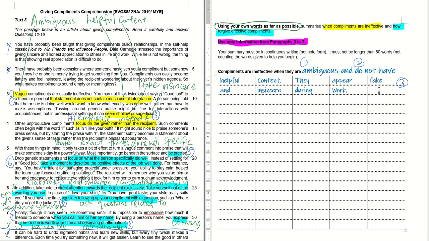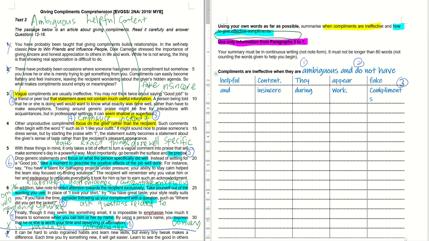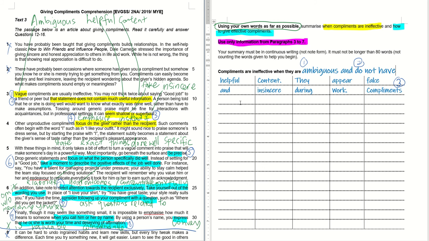Compliments are ineffective when they, which one is it?